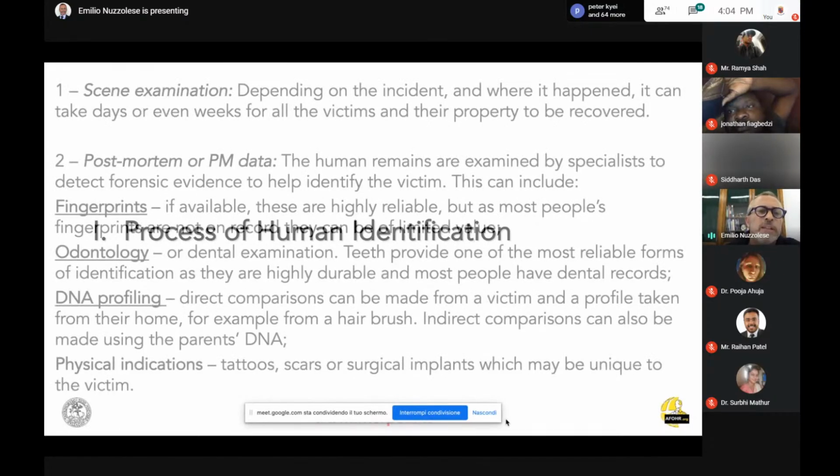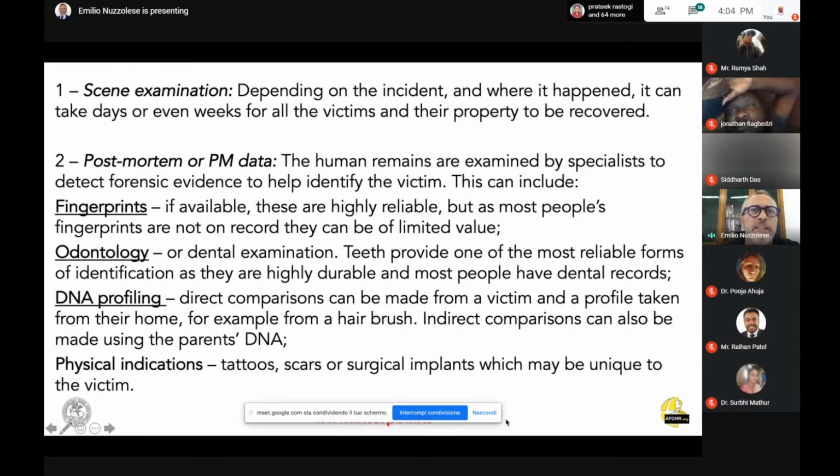So the human identification process is divided into the need for identifying human remains coming from a mass disaster, or from a single autopsy, from a single collection of human remains. So if we work on a DVI scenario, we first of all have to search and rescue the injured, but also we have to collect and rescue the human remains of the dead.